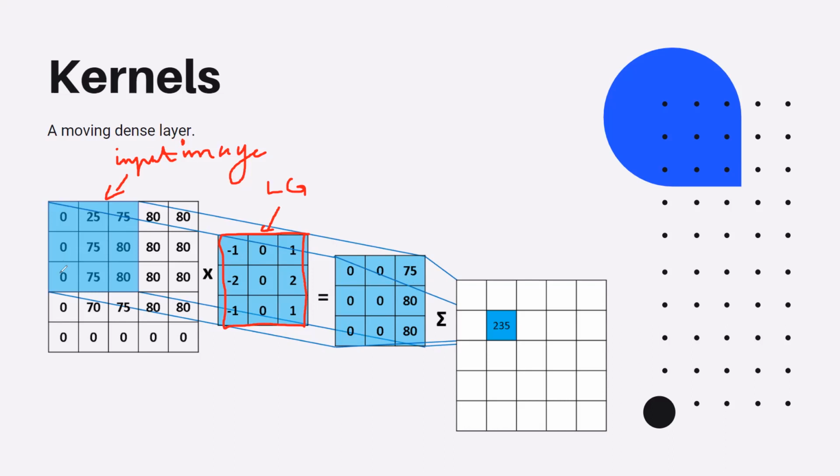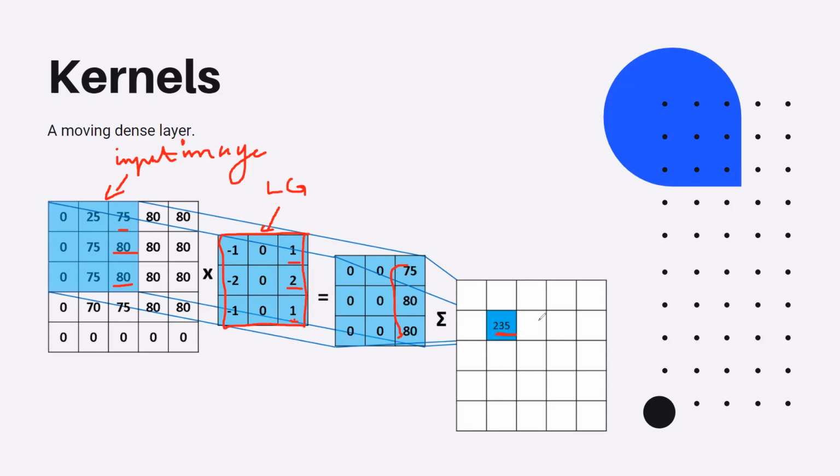So 0 multiplied by, -1 multiplied by 0 disappears, -2 disappears. 0 multiplied by this one disappears. We only get 1 multiplied by 75, 2 multiplied by 80, and 1 multiplied by 80. And then we make the summation of these. Of course, if we had values here, we make the summation and put the value here.